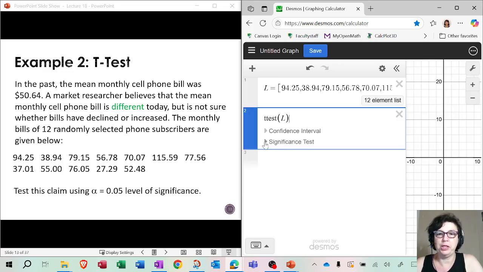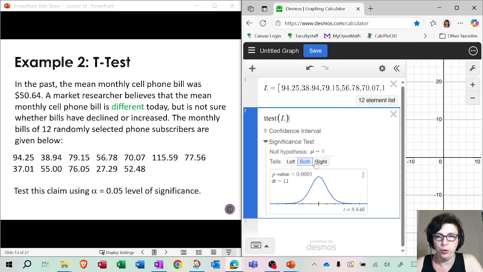Okay, so we're going to expand the significance test menu. At this point, we have to decide two things: what are our tails, left, both, or right? And we also have to fill out the value of mu0. Because we wanted to tell if the mean monthly cell phone bill is different, this is both, so it's going to be a two-tailed test, and we don't have to change that.